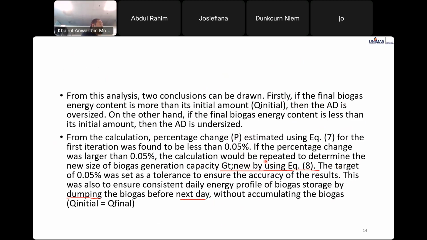The calculation would be repeated to determine the new size of biogas generation capacity GT. The target of 0.05% was set as a tolerance to ensure the accuracy of the result. This was also to ensure a consistent daily energy profile of biogas storage by dumping the biogas before the next day without polluting the biogas.